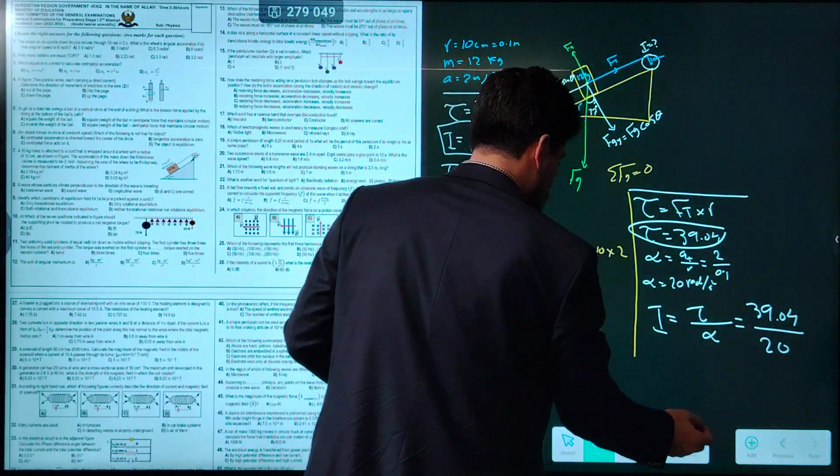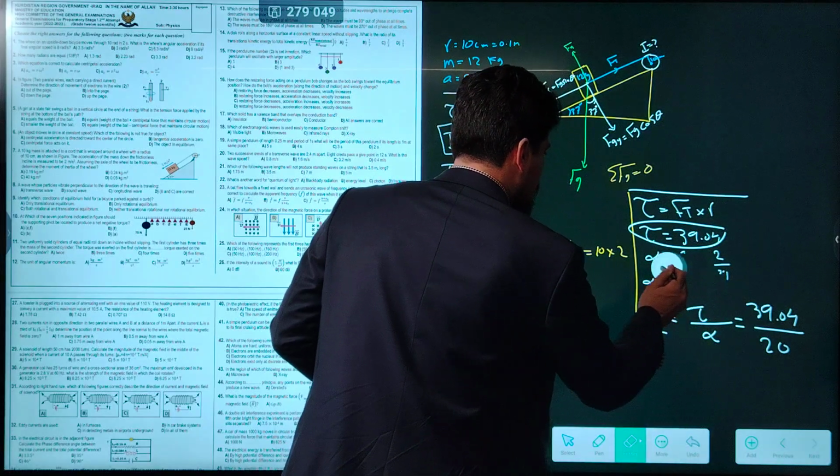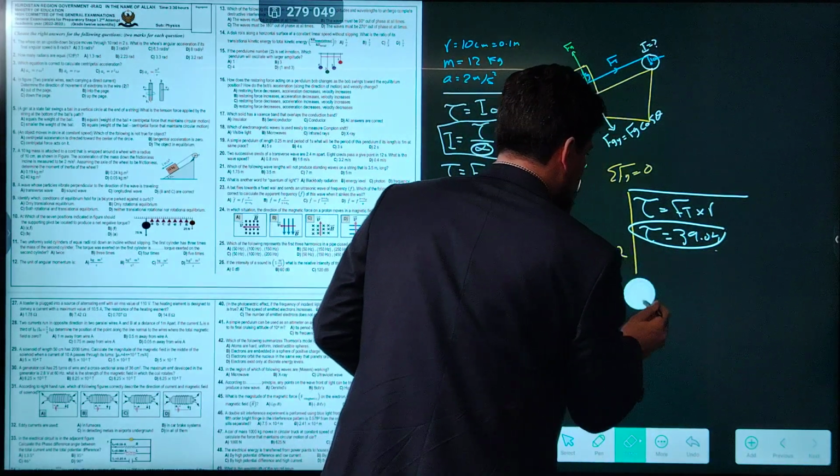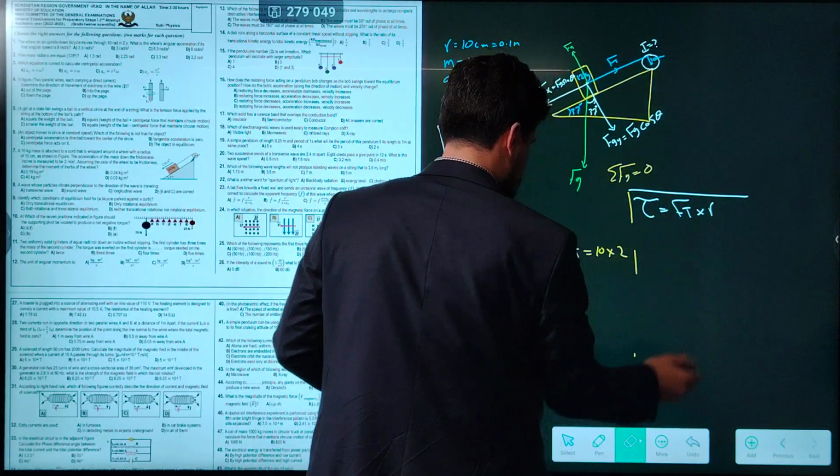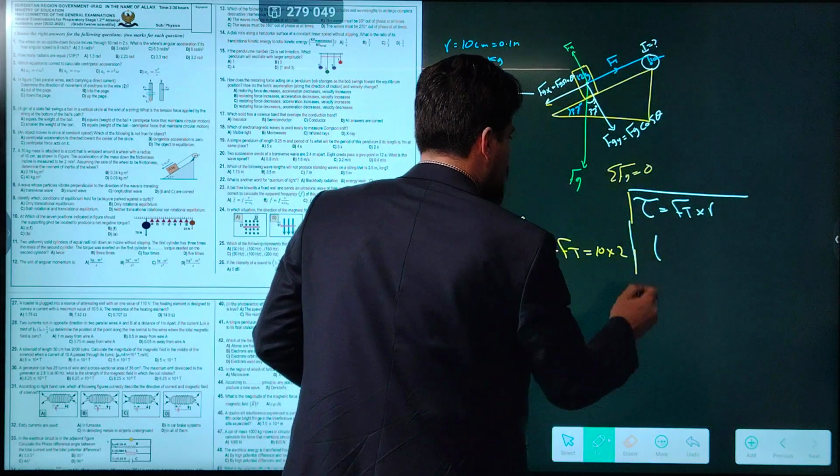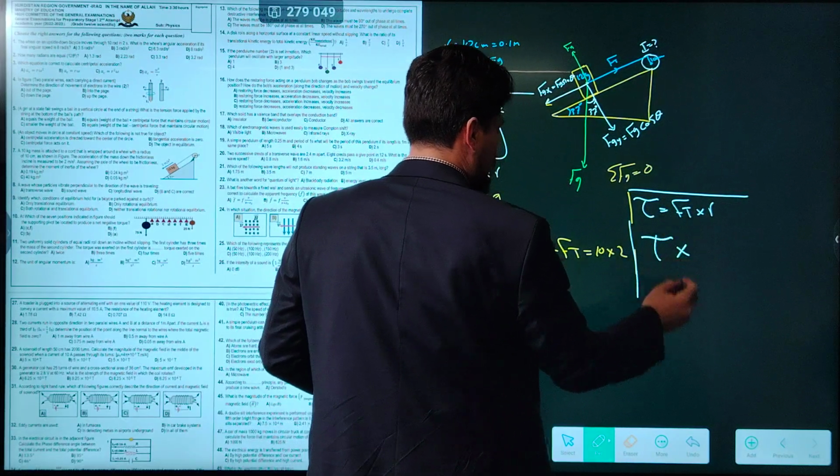Sorry, torque is equal to. Sorry, guys, I do apologize. Torque is equal to what? I forgot to multiply with the radius.